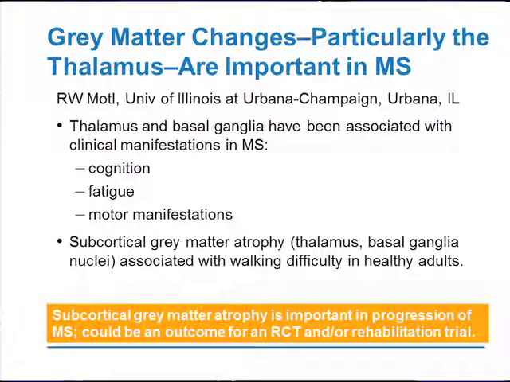So finally, I wanted to talk a little bit about gray matter changes. We've talked about MS as a white matter disease for years and years. We're finding that gray matter actually is affected as well, and particularly the thalamus.